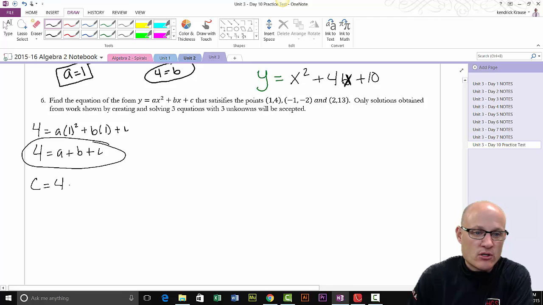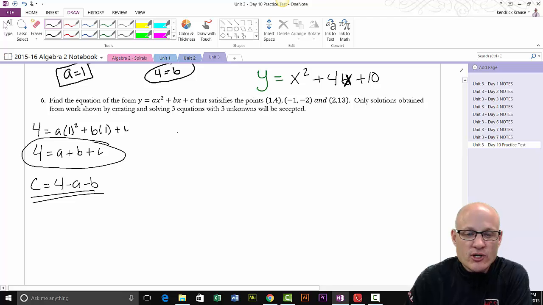C is equal to 4 minus a minus b. So this one, negative 2 is equal to a times negative 1 squared plus b times negative 1 plus c. Or negative 2 is equal to a minus b plus c.